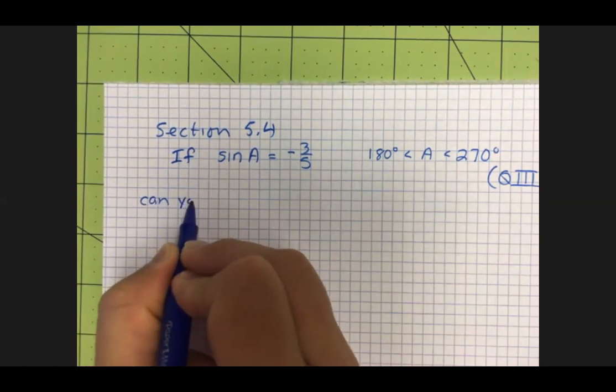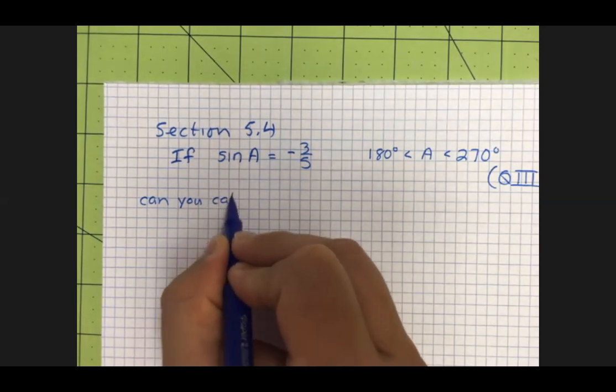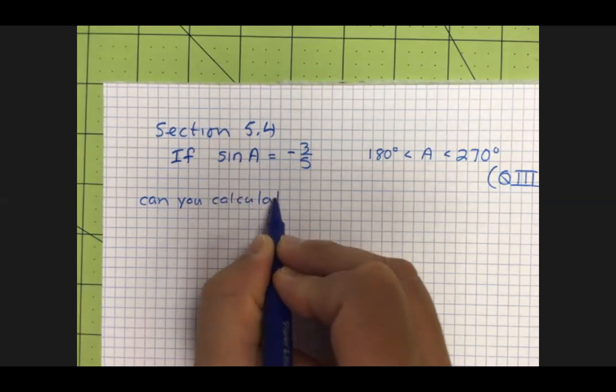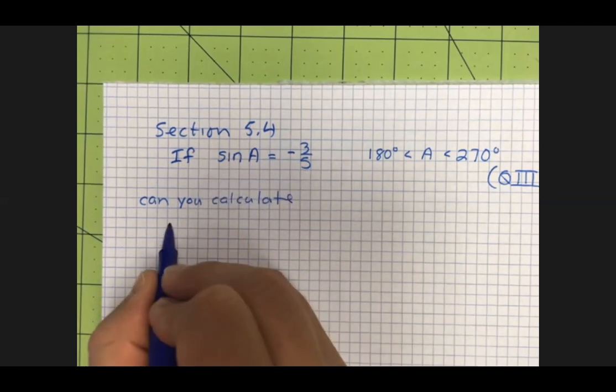Can you calculate the 6 half-angle values?